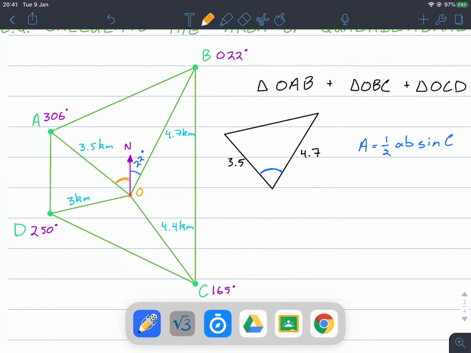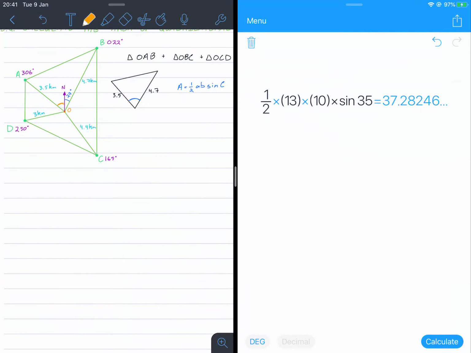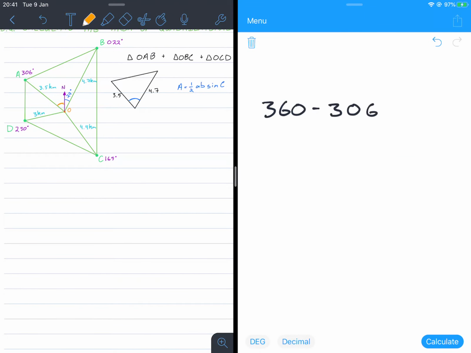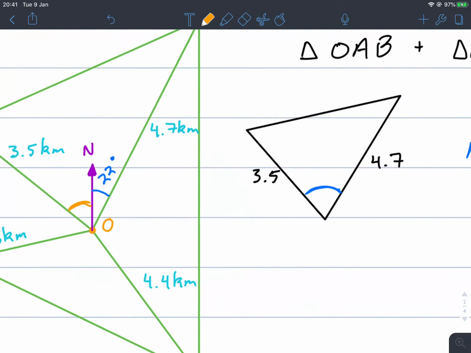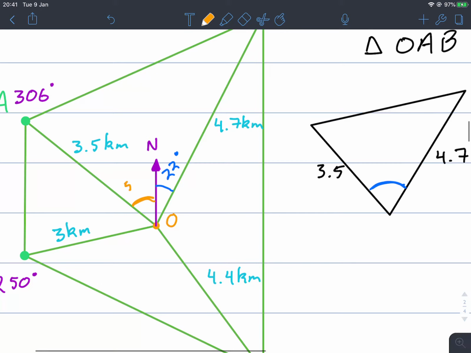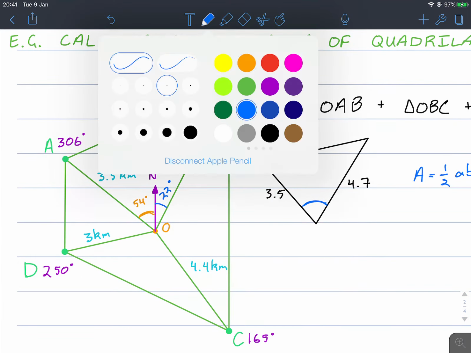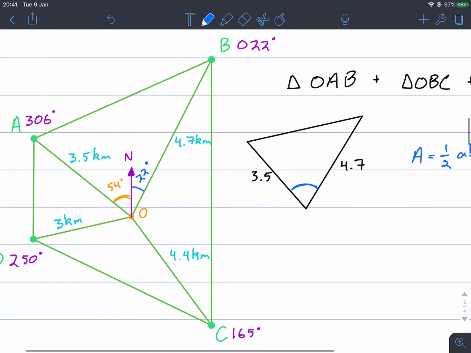That is 54 degrees. So this little angle here is 54 degrees. That translates to this angle here being 54 plus 22, giving us 76 degrees. And that's the angle for triangle AOB.